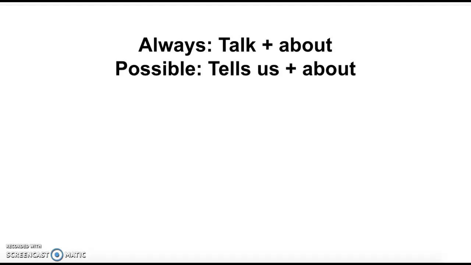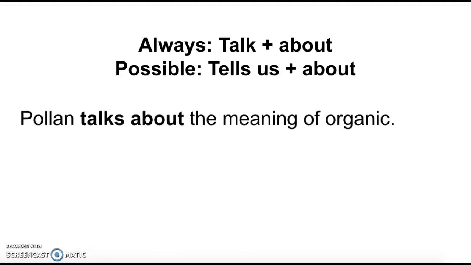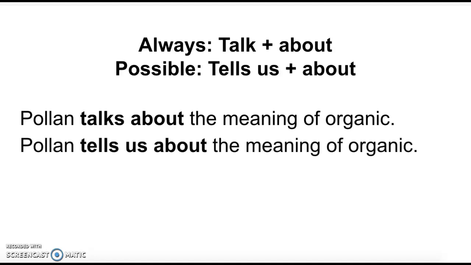Now about. You can talk about. And when you use the word talk, you really always use about. Talk about something. It's also possible to say tells us about. You don't need to say about, but it is okay. So Pollan talks about the meaning of organic, or Pollan tells us about the meaning of organic.